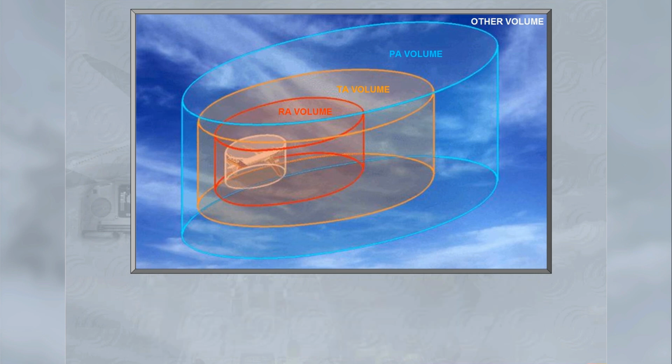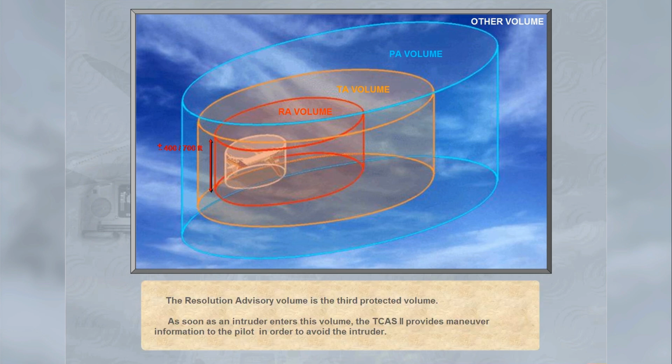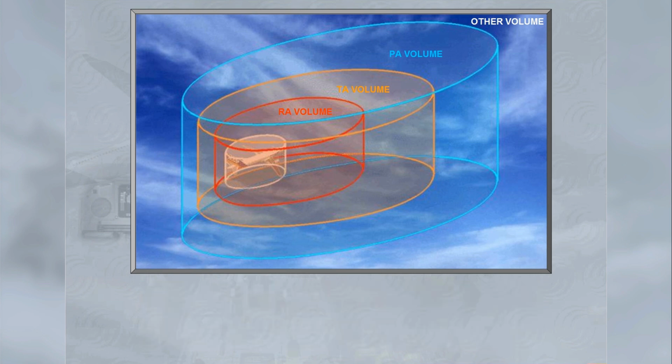The resolution advisory volume is the third protected volume. As soon as an intruder enters this volume, the TCAS 2 provides maneuver information to the pilot in order to avoid the intruder. The closest point of approach volume, in which the intruder must not enter.